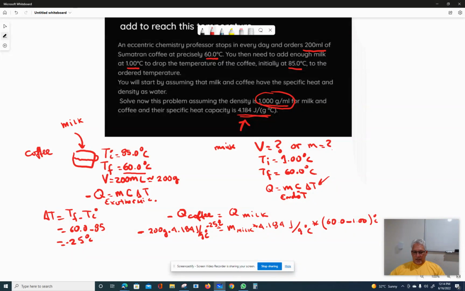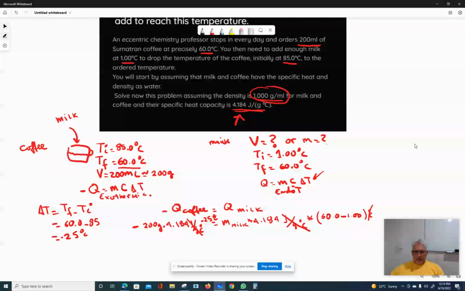So this negative cancels this negative and the whole thing becomes positive. I can start canceling all these units, joule, gram Celsius here, and Celsius with Celsius because this is also Celsius. So the final unit will be in gram. Let me scroll up a little bit and get to the answer.